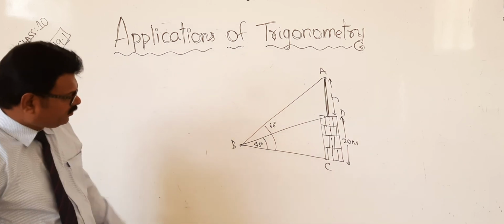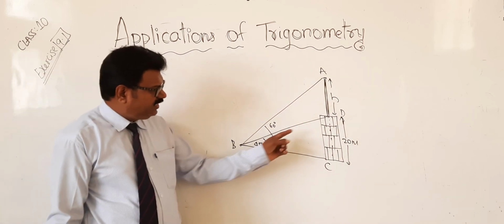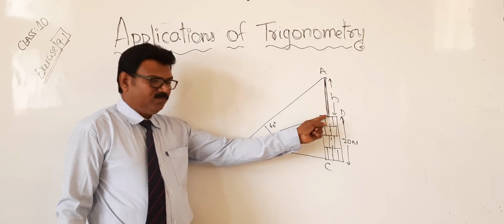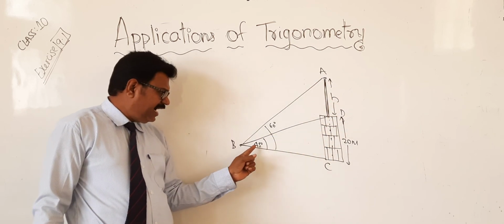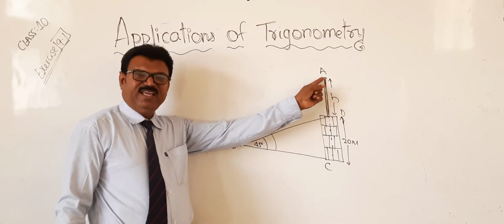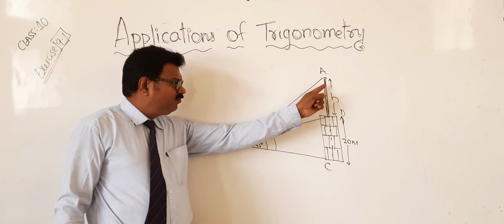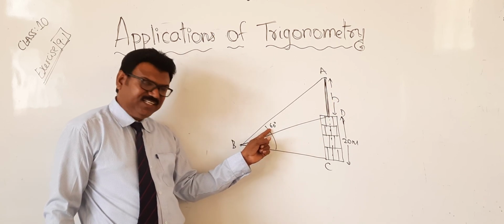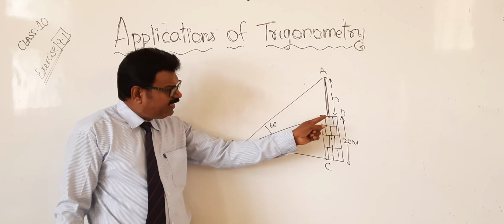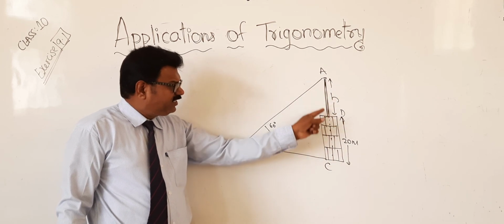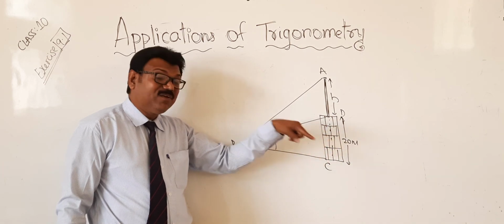A person is seeing the bottom of the transmission at an angle of elevation 45 degrees and the top of the transmission pole at an angle of elevation 60 degrees. The transmission is fitted on the 20-meter building.